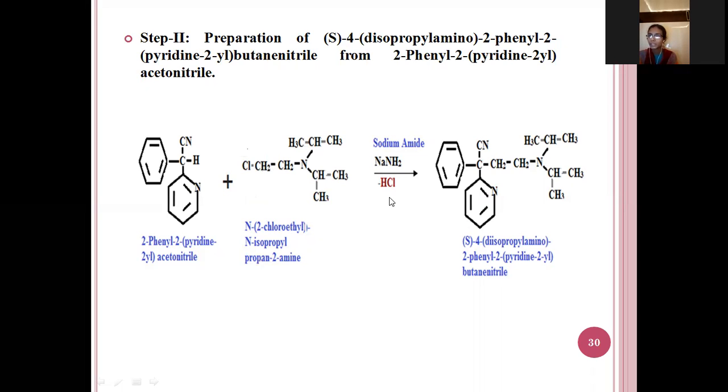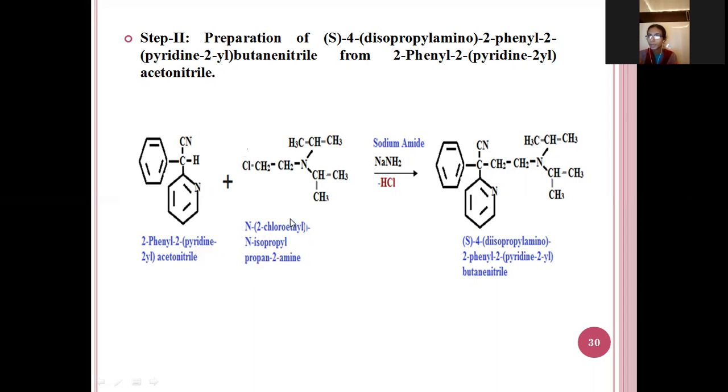When it is reacted in presence of sodium amide, here the hydrochloric acid is eliminated. From 2-phenyl 2-pyridine 2-yl acetonitrile, one of the hydrogens, and from N-2-chloroethyl isopropyl propane 2-amine, the chlorine atom is eliminated.